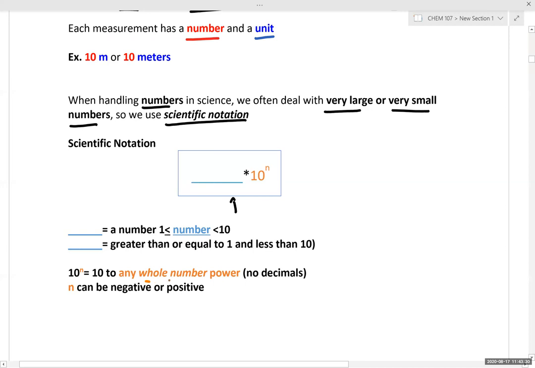What do I mean by whole number? No decimals. So you can say 1, 2, 3. You can even say -1 or even -4. As long as you don't have a decimal for n, you're good to go. n can be negative or positive.